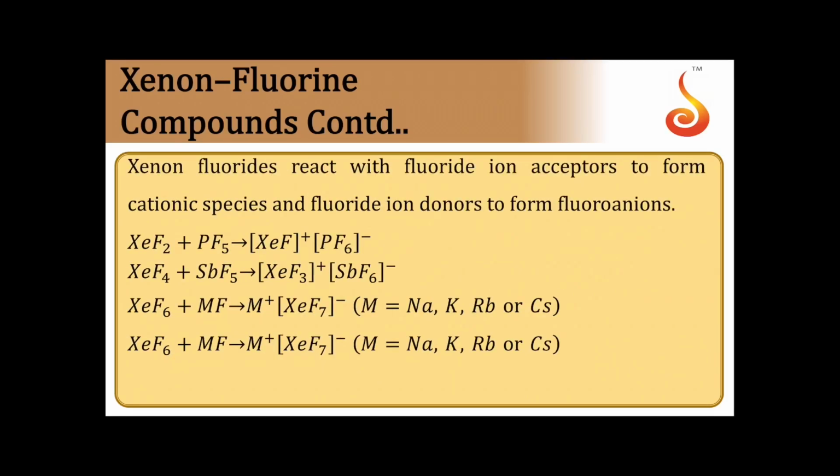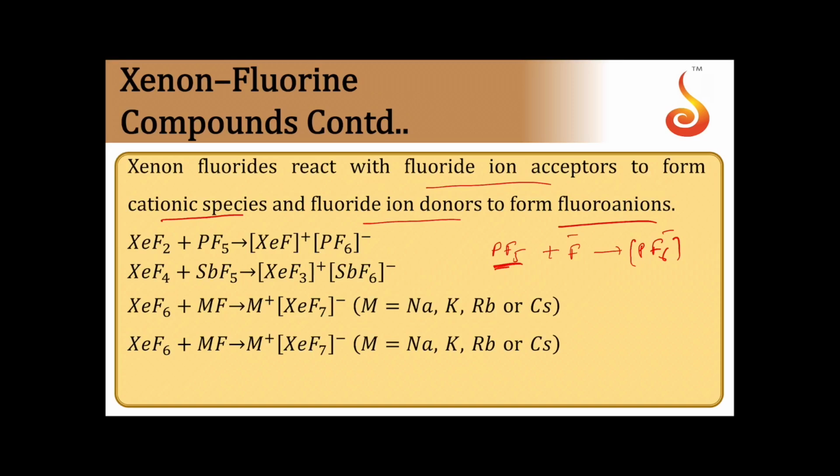Xenon fluorides react with fluoride ion acceptors to form cationic species and with fluoride ion donors to form fluoroanions. Suppose you take PF5: because of the availability of vacant d orbitals, it can very easily accept fluoride ion and exists as PF6 minus. So it is a fluoride ion acceptor.